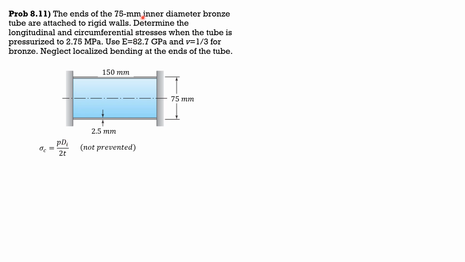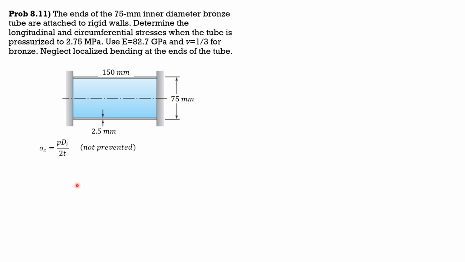The inner diameter is 75, so the inner radius is 37.5, divided by 2.5, that's definitely more than 10. I think it's 15, so we can make use of this formula, not the average value for diameter.